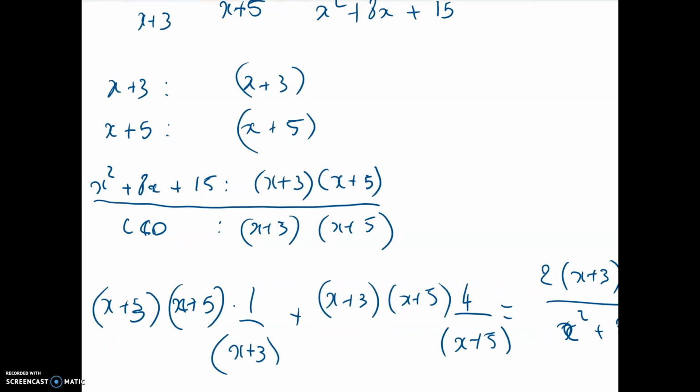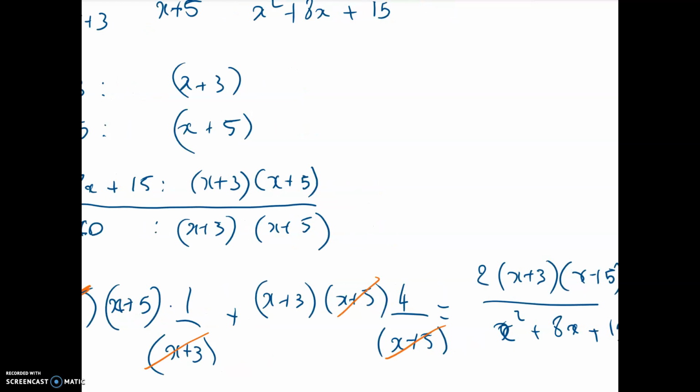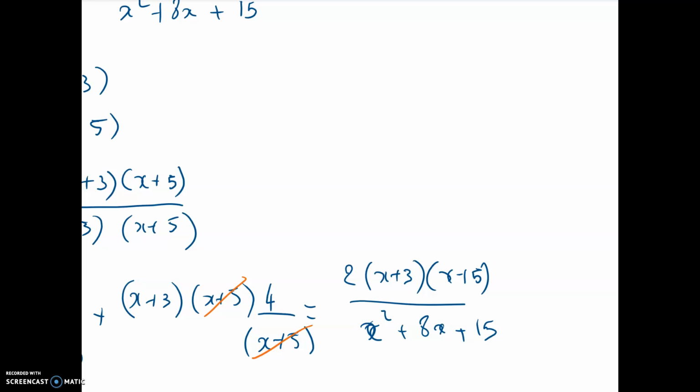Now you can see clearly that x plus 3 is going to divide out. I'm going to use another color, much better. x plus 3 divides out, x plus 5 divides out, and finally x squared plus 8x plus 15 will be divided out with x plus 3 times x plus 5.